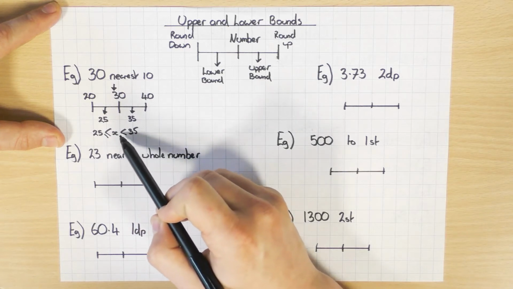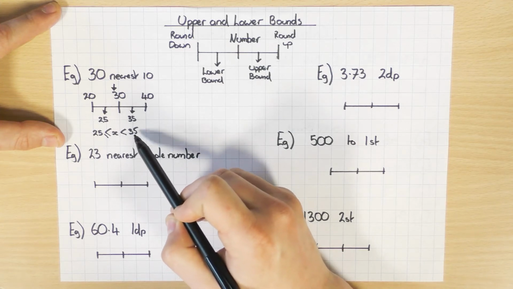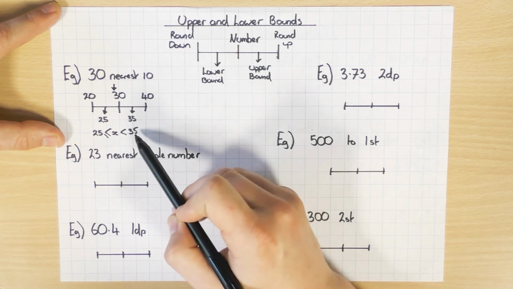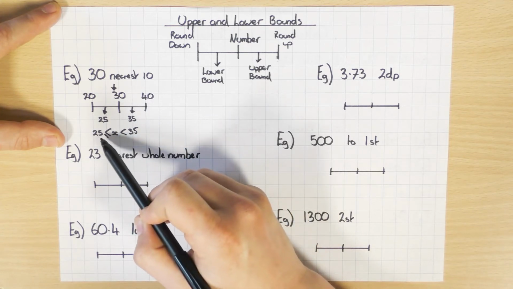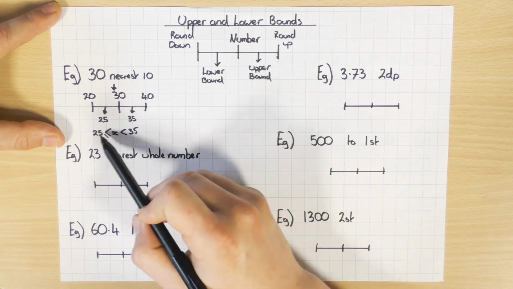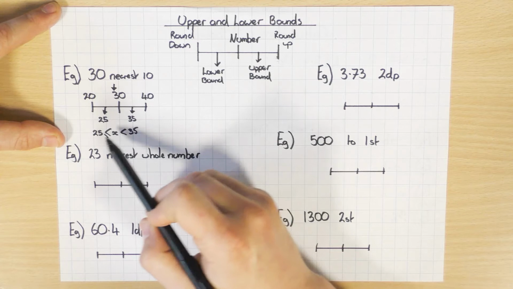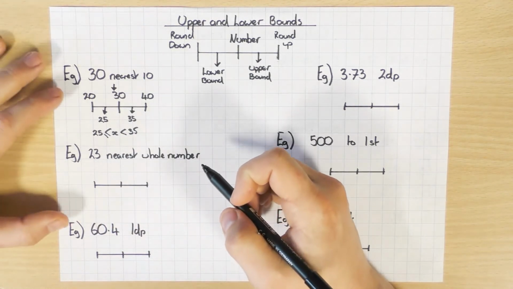And x is less than 35. This time I can't have it equal to, because if it was 35 it would be rounded up to 40. So basically everything below 35, as long as it's above 25, will round to 30. So x just represents a number between 25 and 35, and everything in between there rounds to 30.